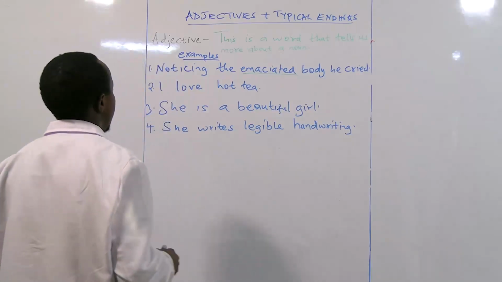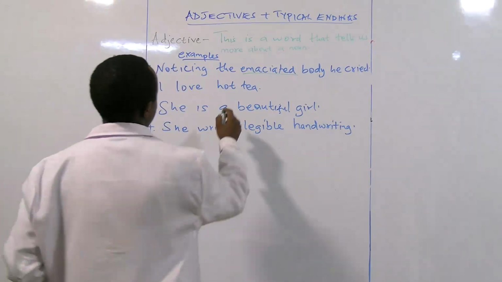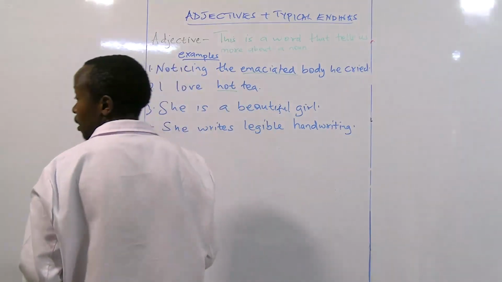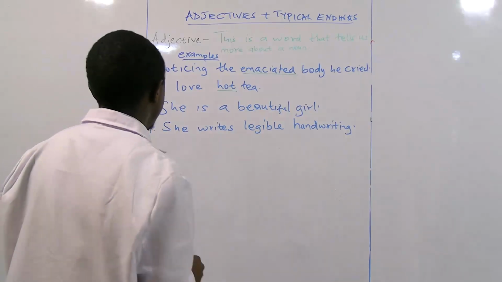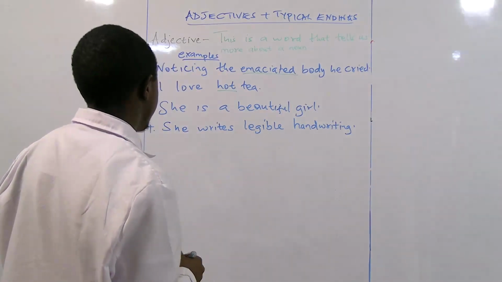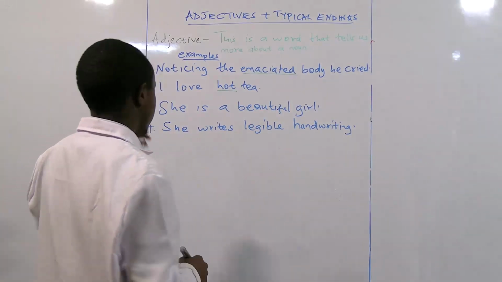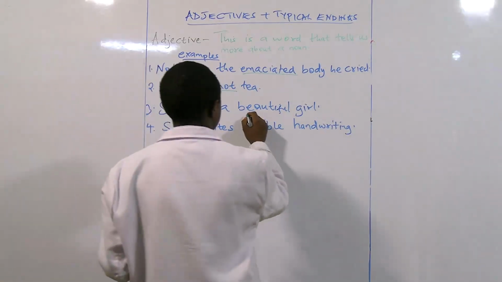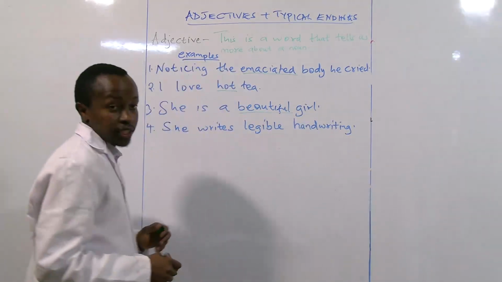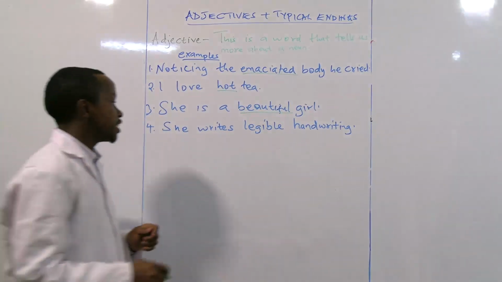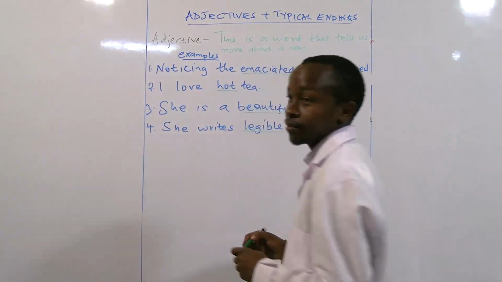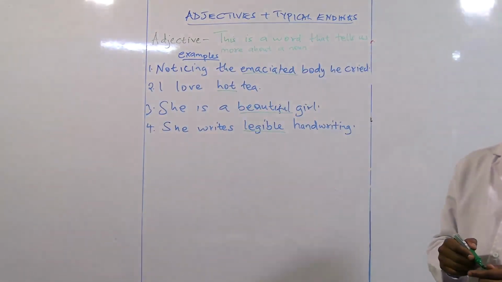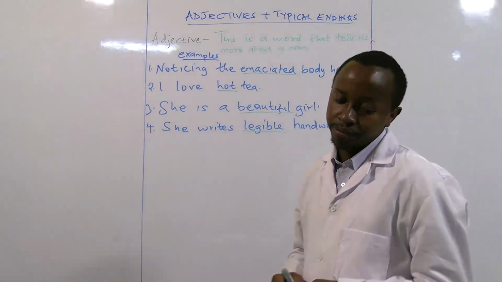Look at this. I love hot tea. Hot in this case. Hot tea, not any other tea, but hot. Now, she is a beautiful girl. Look at this. She writes legible handwriting.